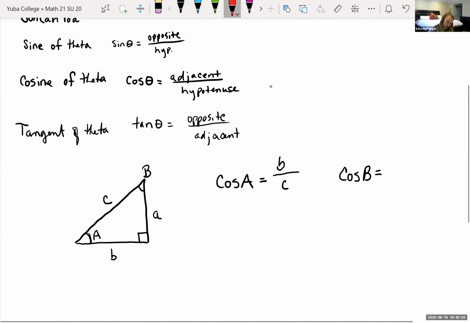Looking at angle B, the adjacent side is the side sandwiching that angle that is not the hypotenuse, so the adjacent side of B is side A, all over the hypotenuse, which is C.